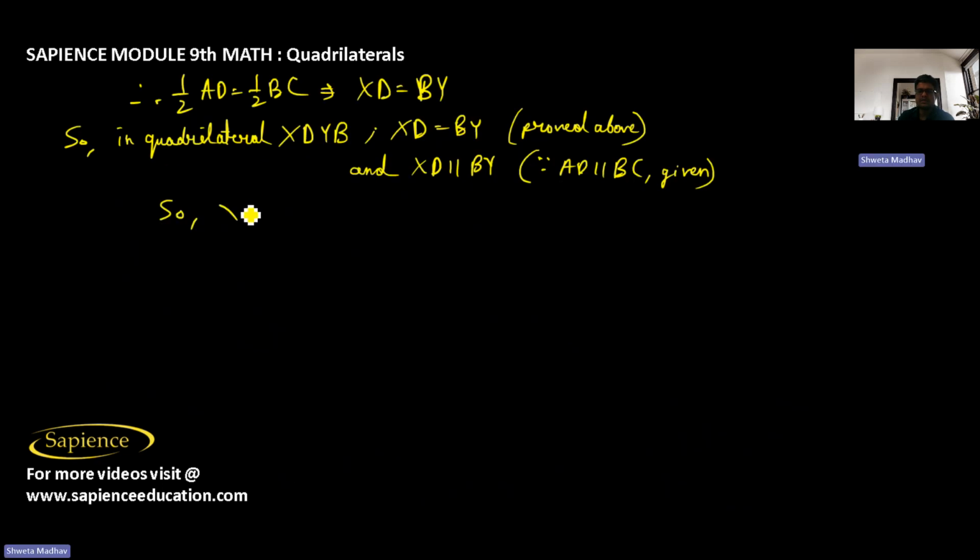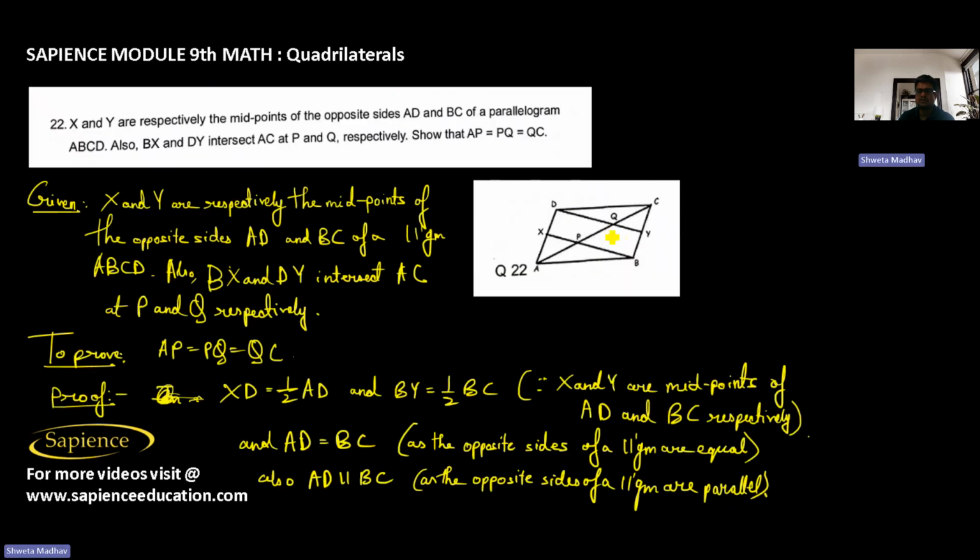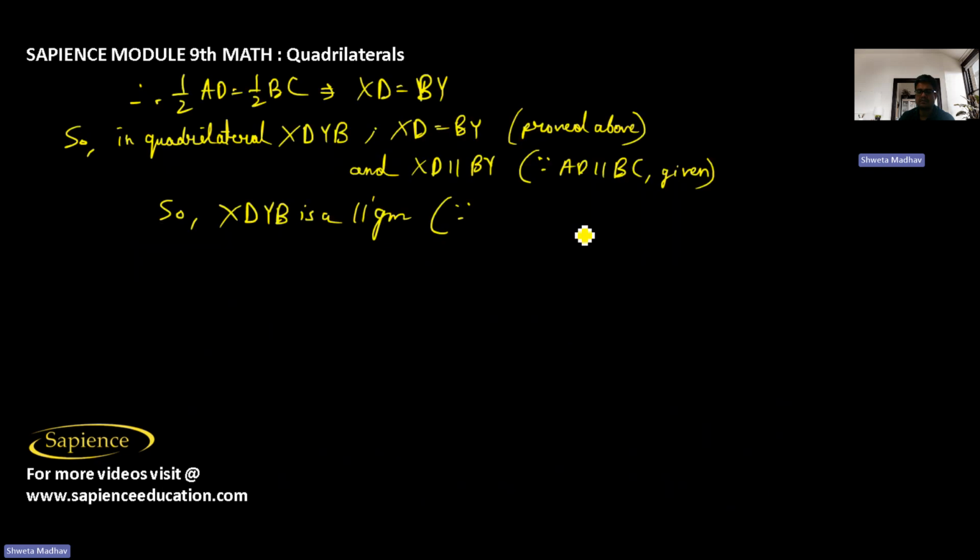So I can say that XDYB is a parallelogram, since one pair of opposite sides are parallel and equal.